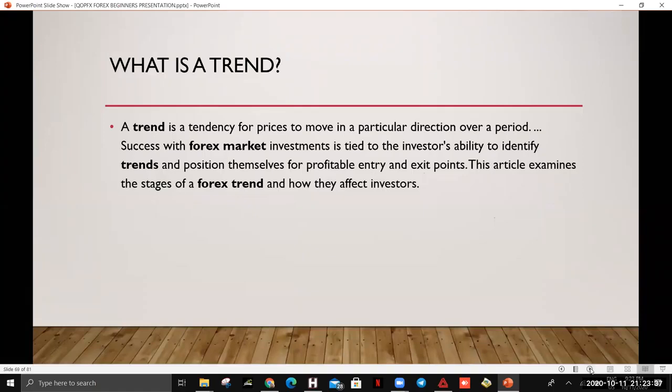Now let's go to the trend. A trend is a tendency for price to move in a particular direction over a period of time. Success with forex market investment is tied to the investor's ability to identify trends and position themselves for profitable entry and exit points. The article examines the stages of a forex trend and how they affect investors.